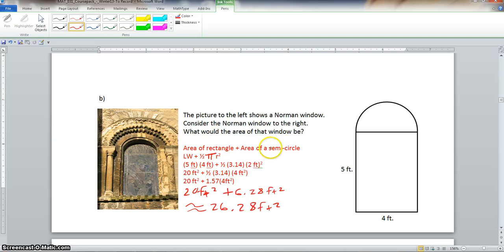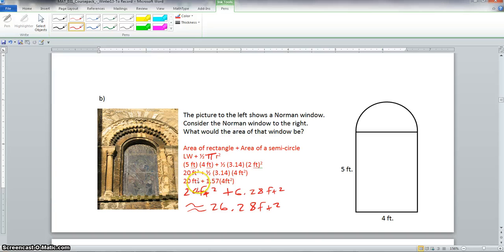Now for the area of a semicircle, we have half, pi is approximately 3.14, and then the radius is 2. Because remember, from here to here is considered to be the diameter, and we would take half of it, which would give us 2. So we have 20 feet squared plus 1/2 times 3.14, and 2 squared is 4.